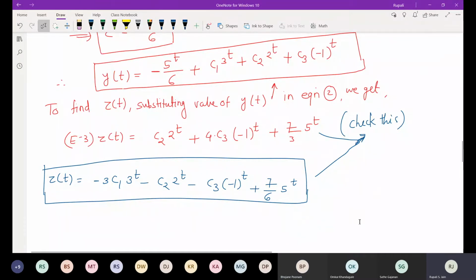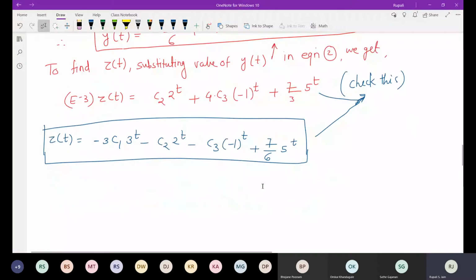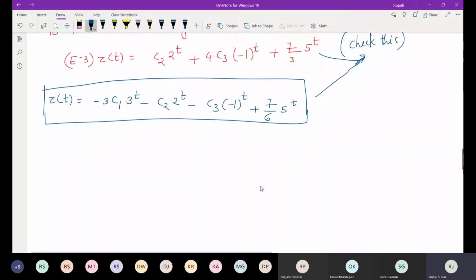Now I will delete this also. So by applying the annihilating polynomial. Which annihilating polynomial? E-2, E+1 and E-5.